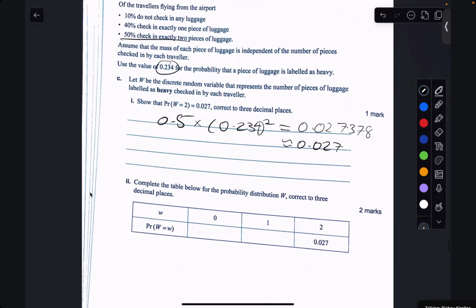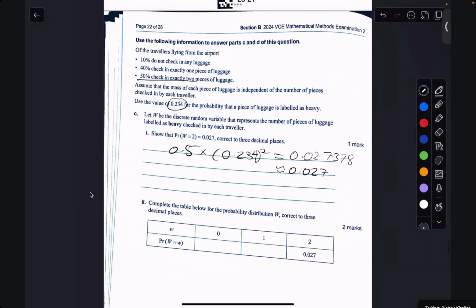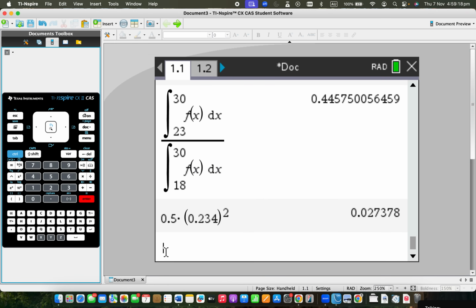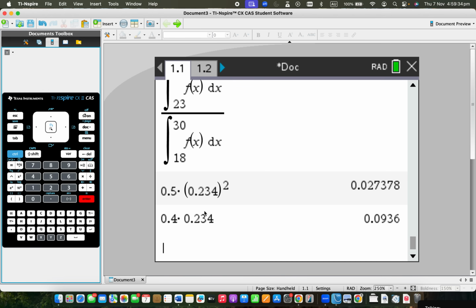Alright, complete the table, correct to 3 decimal places. So for 1, that would be 0.4 times 0.234 to the power of 1. 0.4 times 0.234. Is that right?